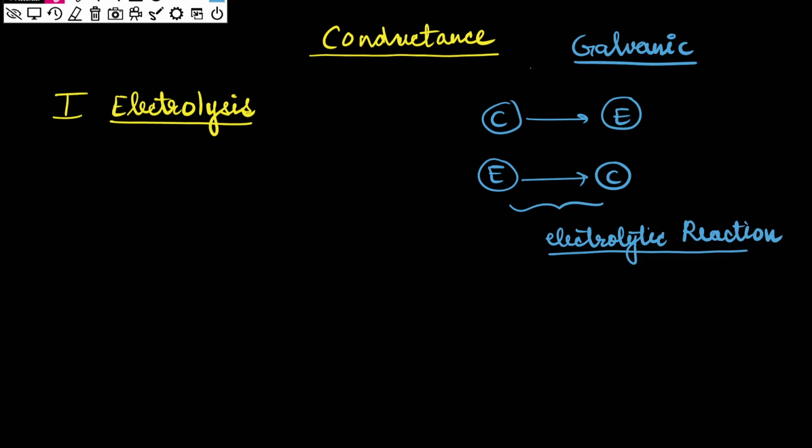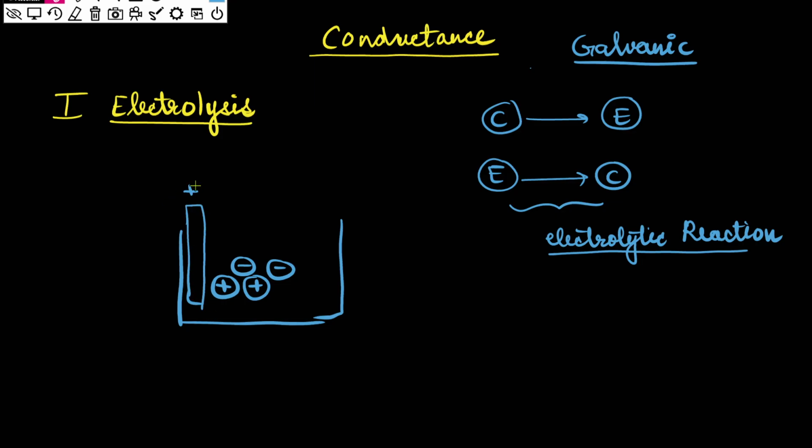So when the current is passed, the ions in the electrolyte move to their respective cathode and anode. Suppose we have an electrolytic solution. Now this contains certain cations and certain anions, and then we have two electrodes immersed, one of them being the anode, the other being the cathode.